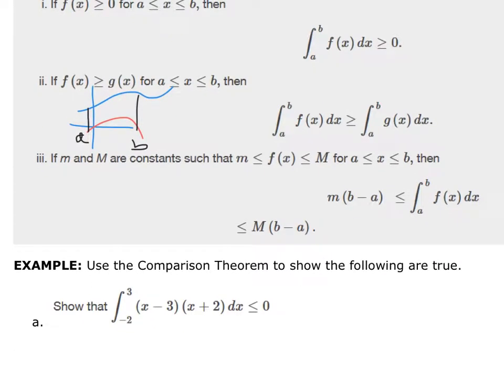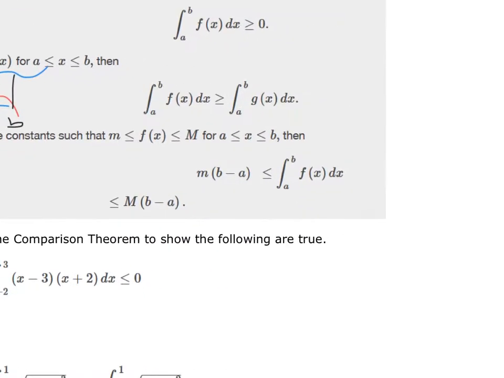We also get that if I have some m number, some output that is smaller than the function in that interval. So if I have my function like this, say this is my function and I'm going from a to b, and I look at my function from a to b, I can put a bound on it.